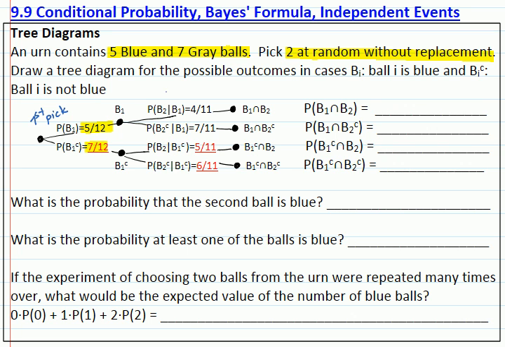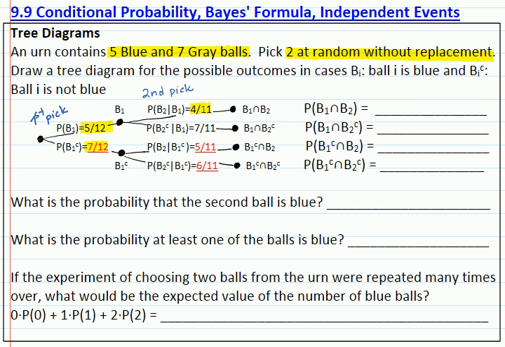Now we are going to do our second pick, and the choices are that either ball 2 will be blue, given ball 1 was blue, 4 out of 11, because we have already picked one of the 5 blue balls, and we have 11 left in the urn.